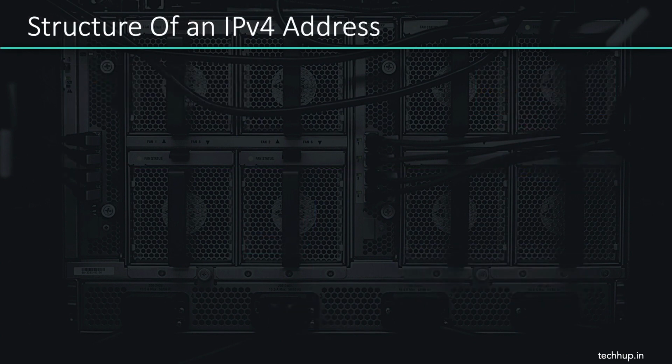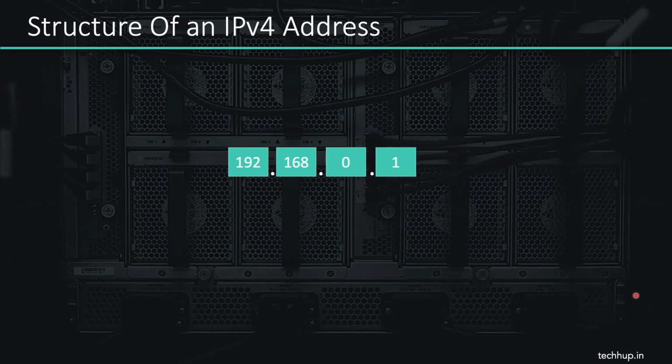Let's move on to the structure of an IP address. Now you have seen IP address in our previous slide that was attached to our web server. So an IP address might look like 192.168.0.1. Now this IP address as a whole is 32 bits of information. Now this is segmented into four parts, and this representation is called dotted decimal notation.